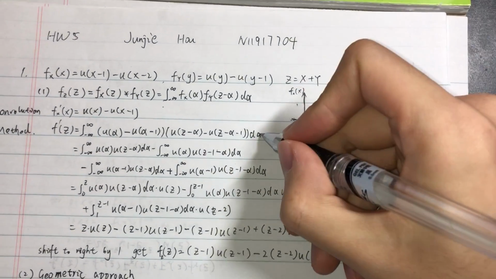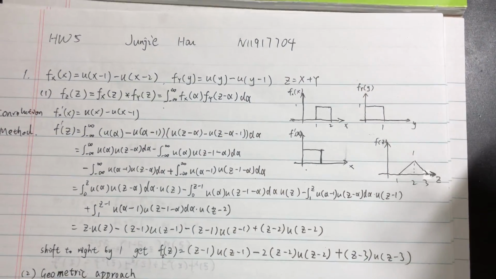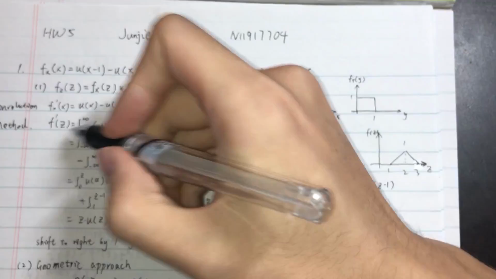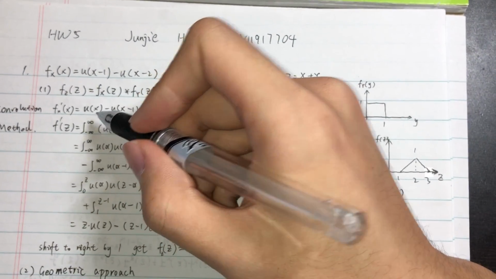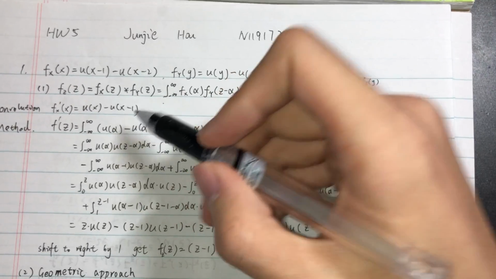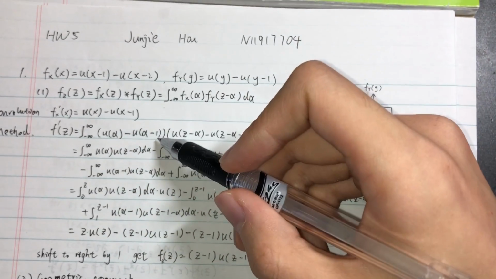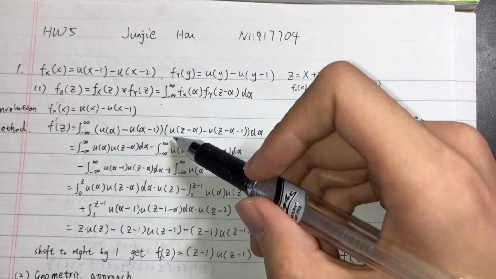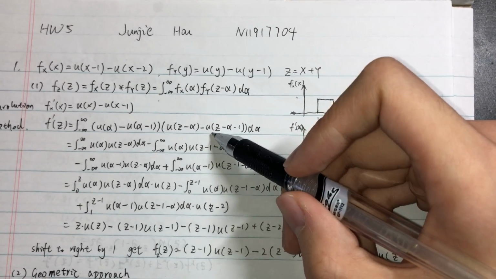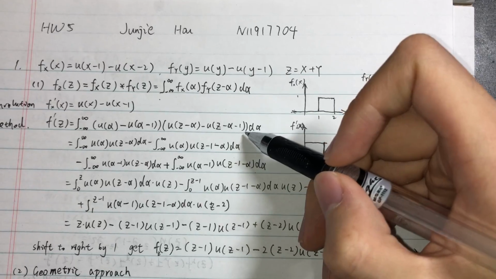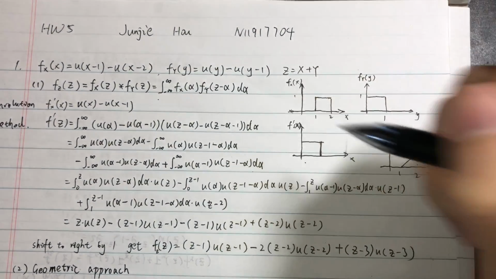By doing this integral, it's equal to the integral from minus infinity to infinity of u(alpha minus 1) multiplied by u(z minus alpha) minus u(z minus alpha minus 1) d alpha.